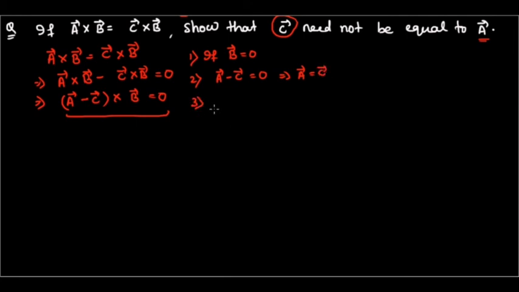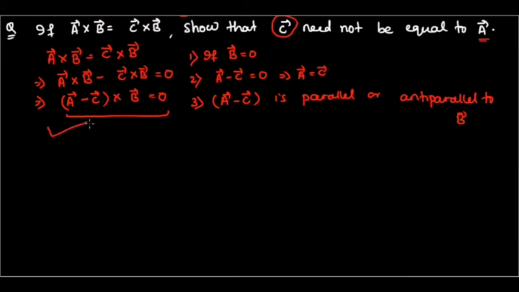And the third condition is A vector minus C vector is parallel or anti-parallel to B vector. So you can see that we have these three different conditions under which we will get this type of result.